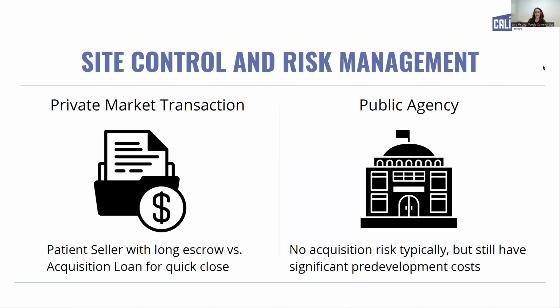And then on the flip side, if you're looking at an opportunity like the RFPs that we talked about, you're probably working with a public agency who is going to hold on to that land until you start construction. Either they will donate it or sell it to you, or you'll enter into a long-term ground lease with that agency.